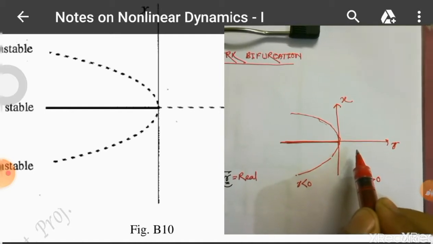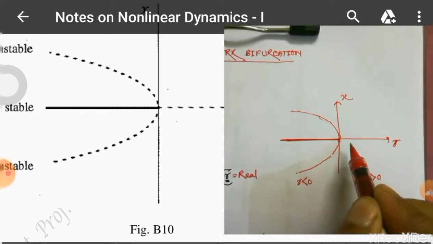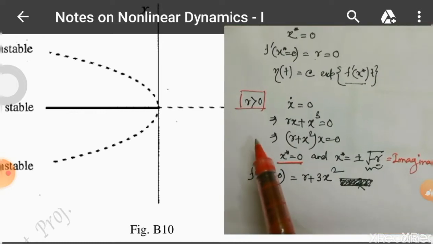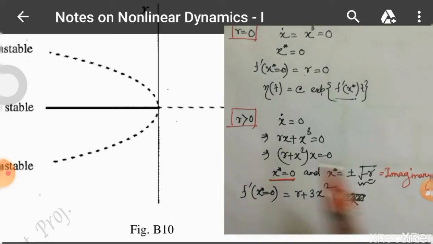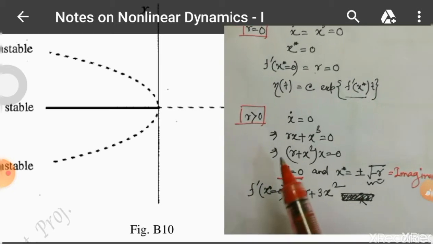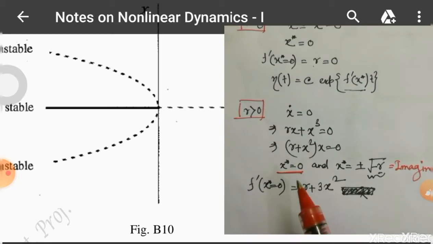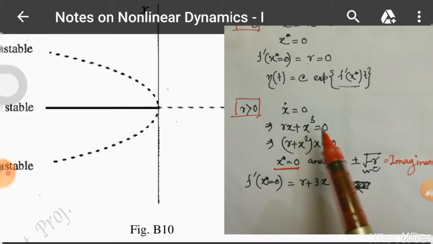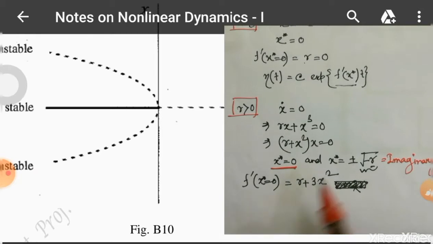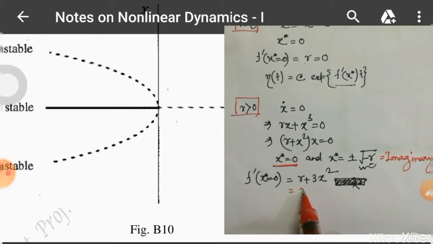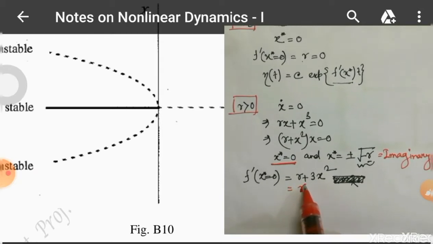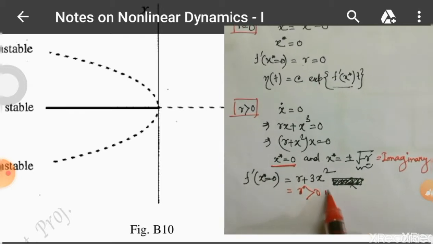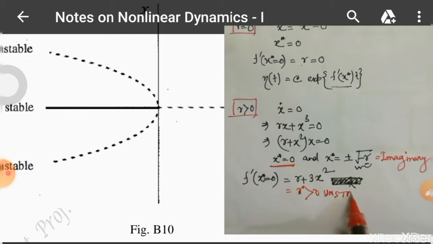So when r is greater than 0, if you see this part, we have only one fixed point. This was equal to r, and greater than 0 means this is an unstable fixed point.